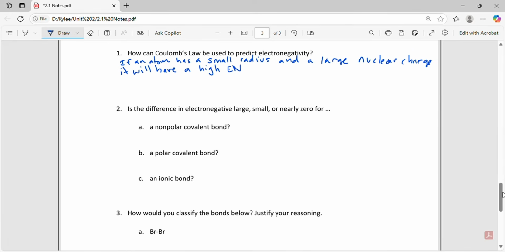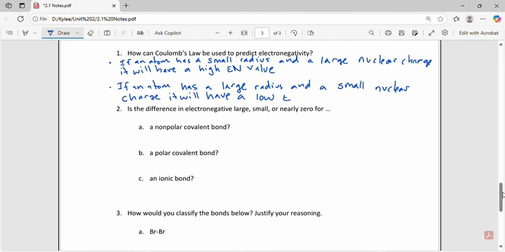And I like to abbreviate electronegativity EN. And the opposite is true. So if an atom has a large radius and a small nuclear charge, it will have a low electronegativity value.